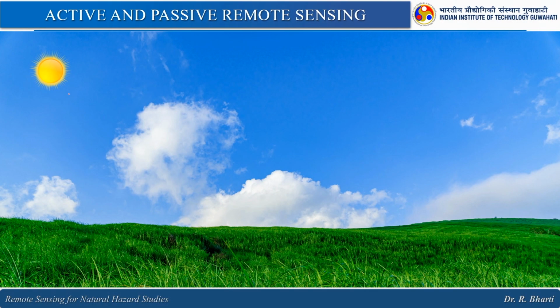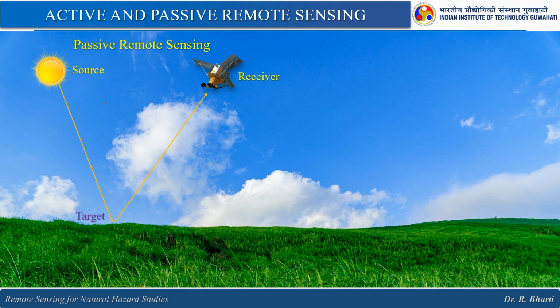So now in remote sensing, we refer to the sun as our source of light, right. So when we have the sun as our source of light, it illuminates the target and then this signal gets reflected and then it is captured by the sensor or the receiver, right. So this configuration is known as passive remote sensing.